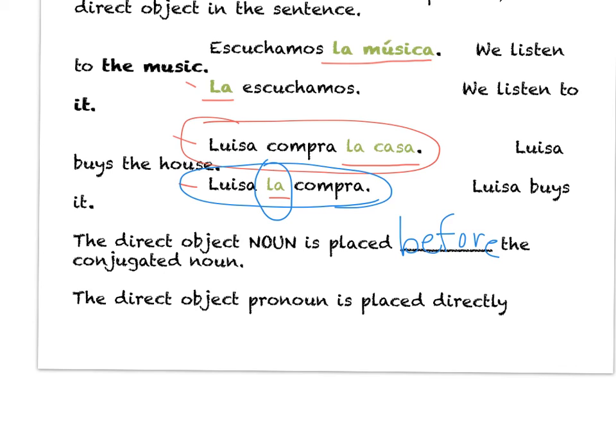Okay, the direct object pronoun is placed before the conjugated verb. And I'm going to cross this out because it's the conjugated verb.